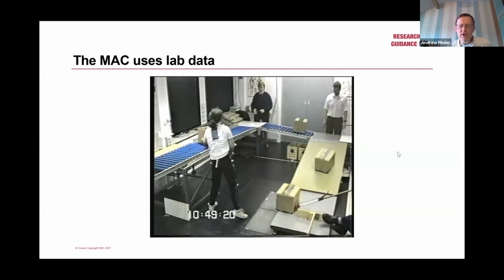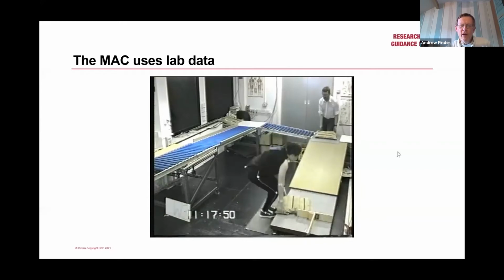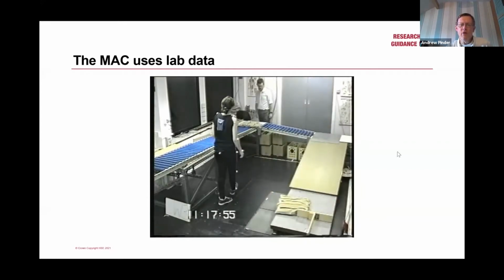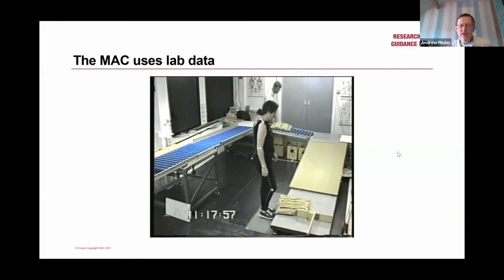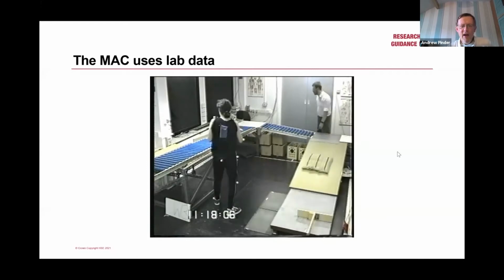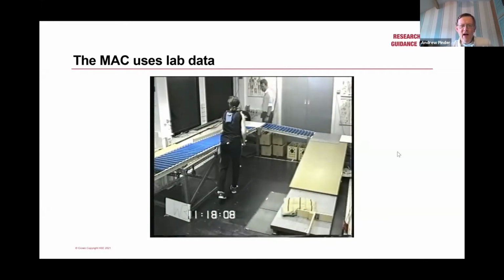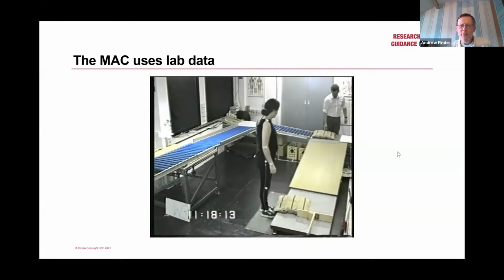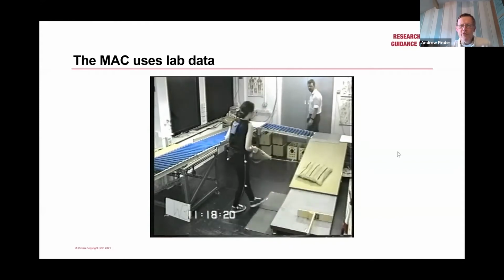We asked people to pick up a load at a fixed frequency. First person was once every 5 seconds. This is once every 14 seconds, and find what's called the maximum acceptable weight. So there's quite a lot of data out there gathered over the years, particularly in America, which gives us very useful data for this kind of thing.